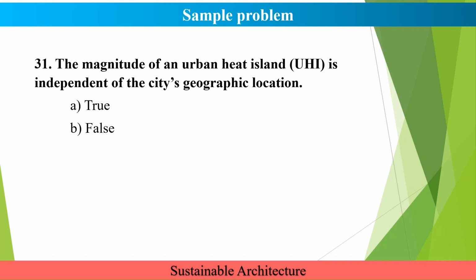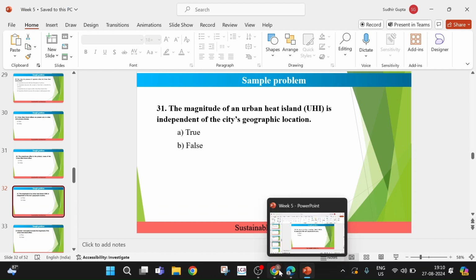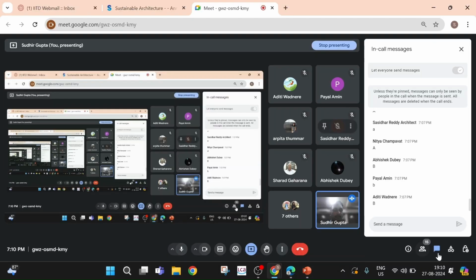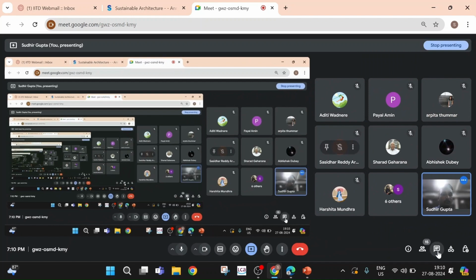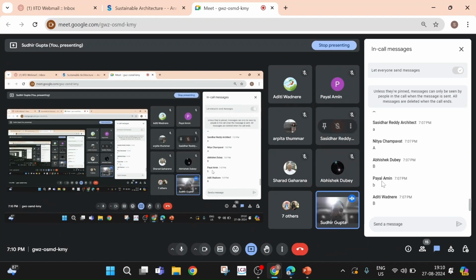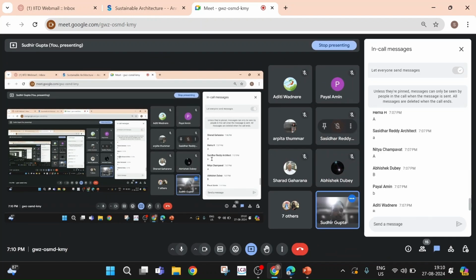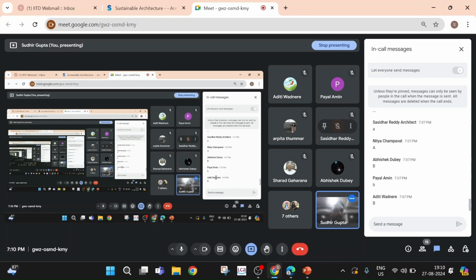So all of you try to give answer and participate in today's interactive problem solving session. Till now, how many of you have answered? B. Nitya is saying E, I think. What about others?